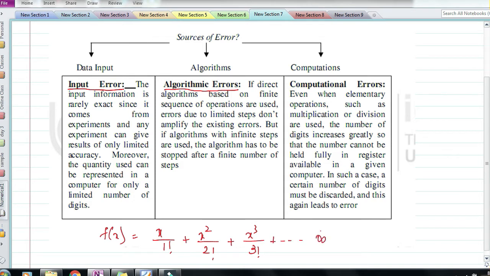Can you write a for loop or a while loop to calculate the value for this infinite series? No, you cannot. Your loop should always have a finite number of executions. So when you are converting an infinite problem to a finite algorithm, we call that an algorithmic error.